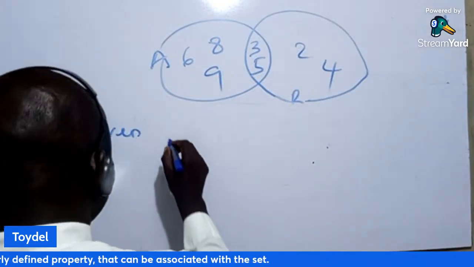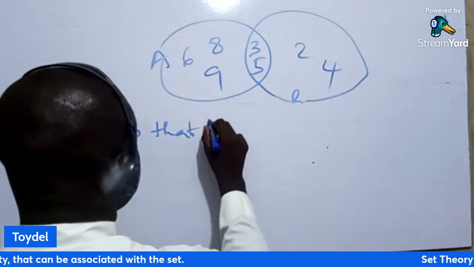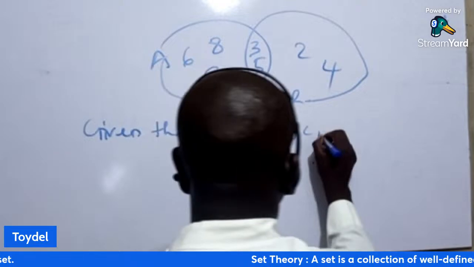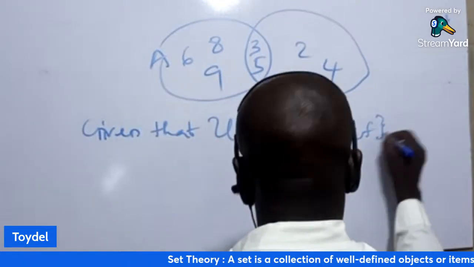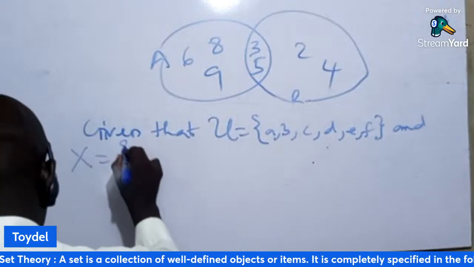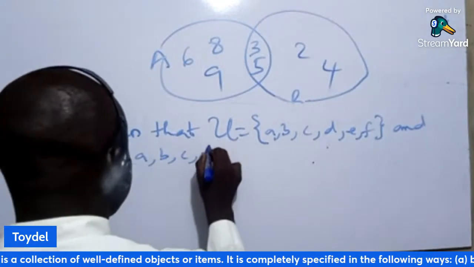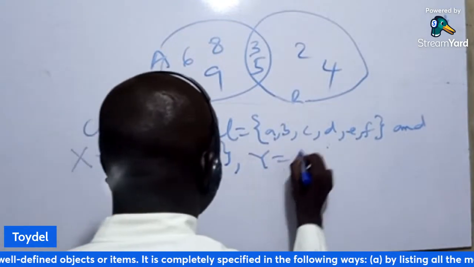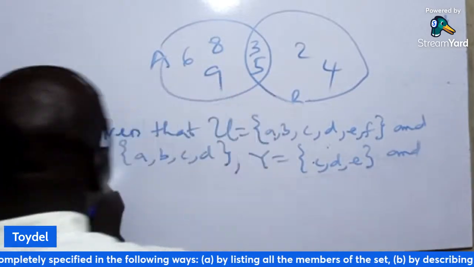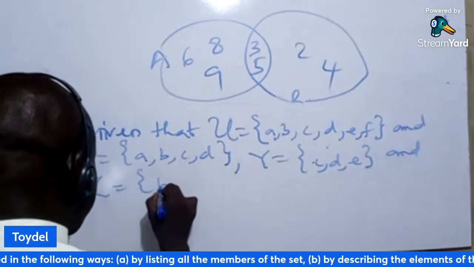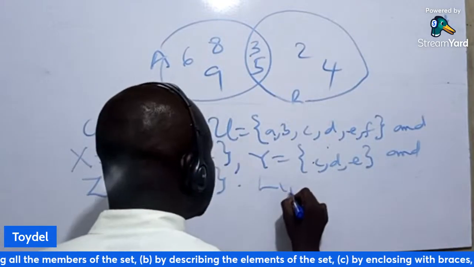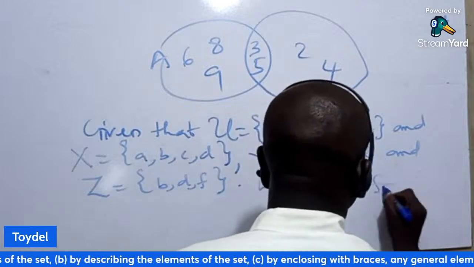Given that the universal set is equal to A, B, C, D, E, F, and X is equal to A, B, C, D, Y is equal to C, D, E, and Z is equal to B, D, F. So the question now says the following.